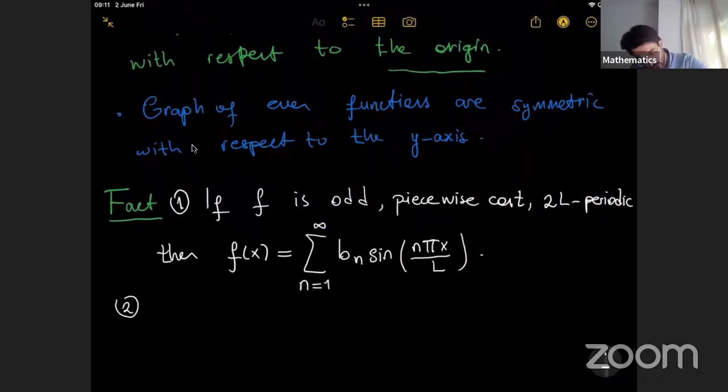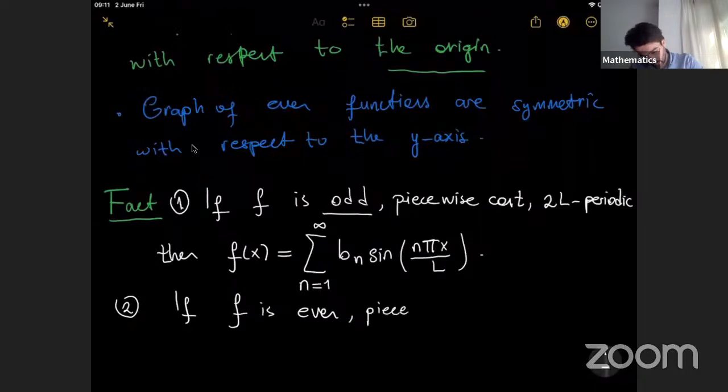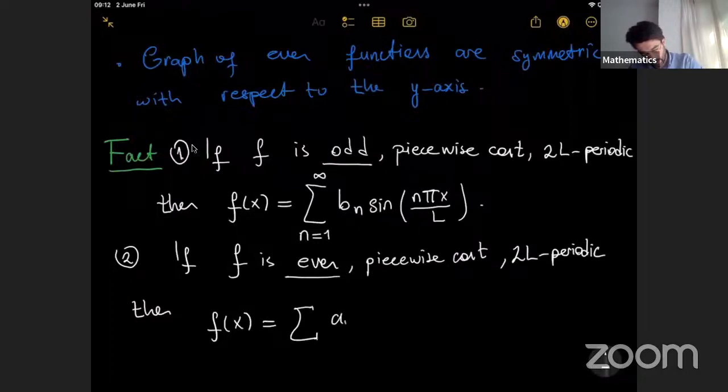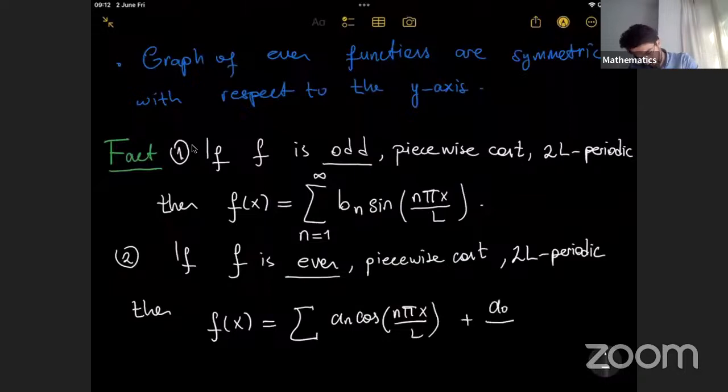And in the case of even functions, if f is even, piecewise continuous, and 2L periodic, then in that case the Fourier series looks like an cosine n pi x over L plus a0 over 2 here.